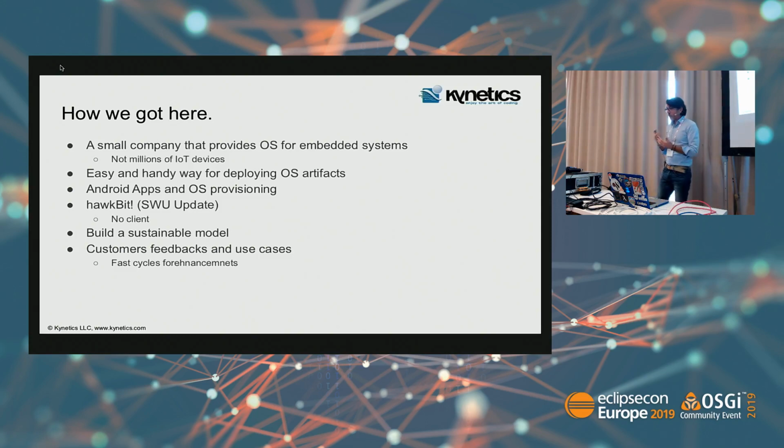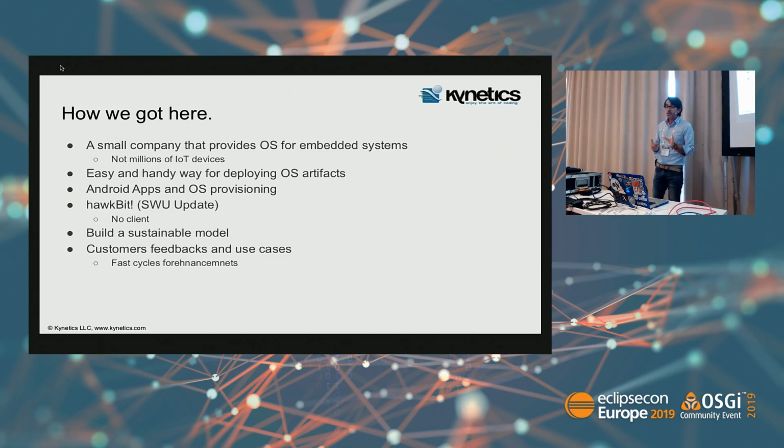So the idea was, why don't we build a delivery system that could also distribute Android APKs? That was super handy for customers to just drag and drop. So not just OS images, which is a heavier process, but just deliver APKs to target devices, for testing or production purposes.